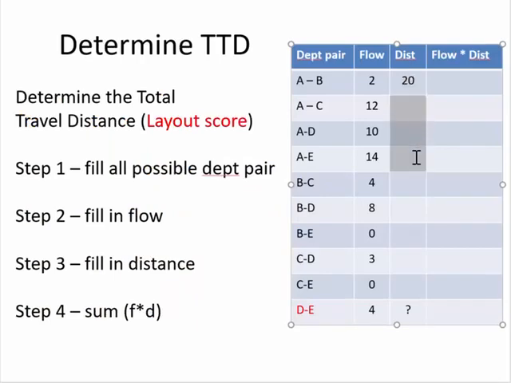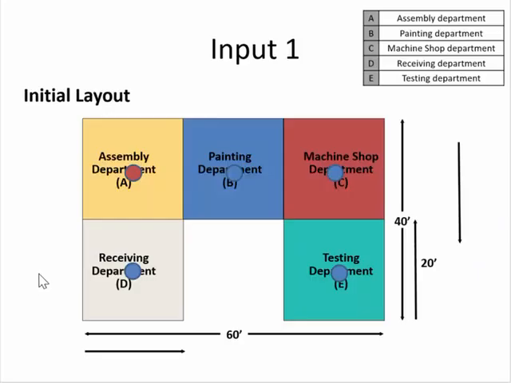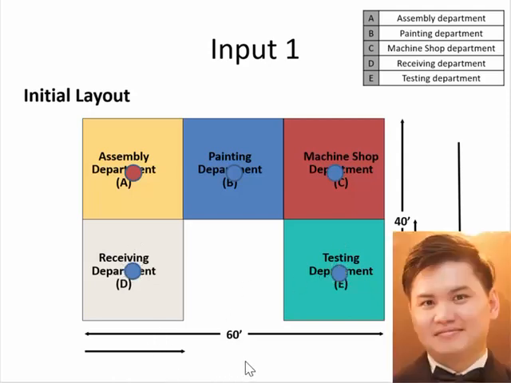Now you may continue to conduct the process that I've explained for all these departments. However, I want to focus your attention on the distance between department D and department E. Going back to the initial layout, the center of department D is here. The center of department E is here. Now, can you guess what is the distance between these two departments?